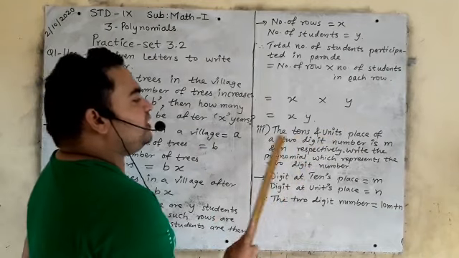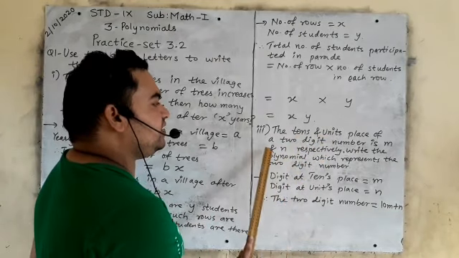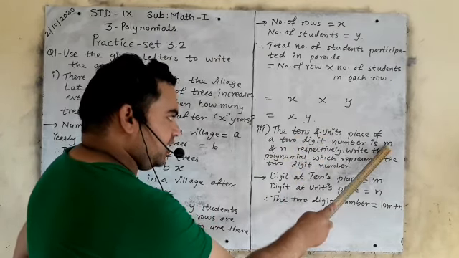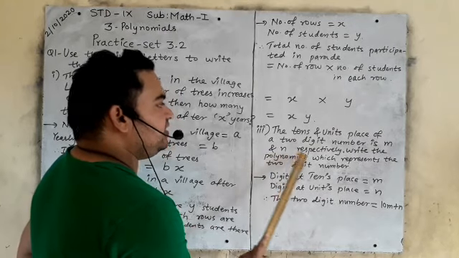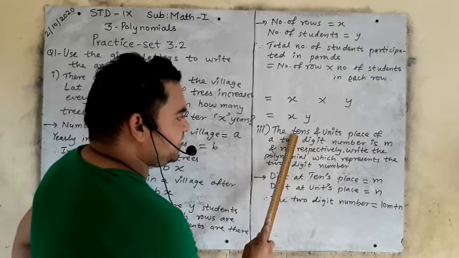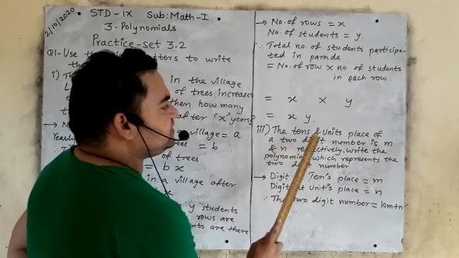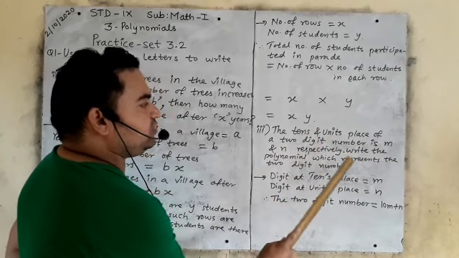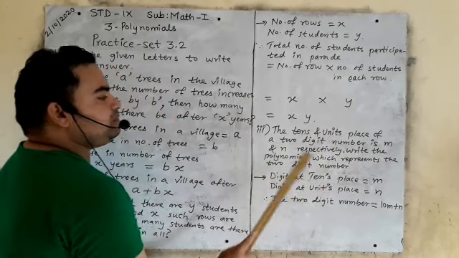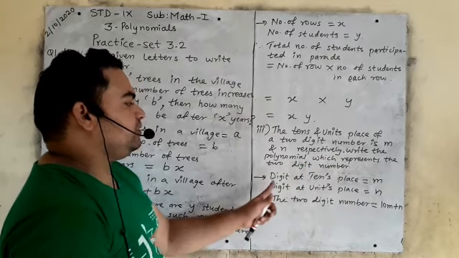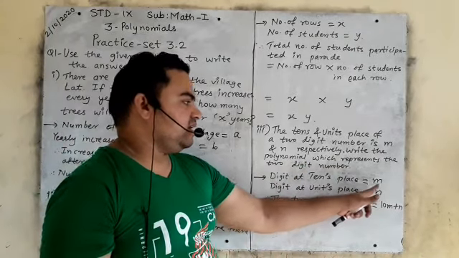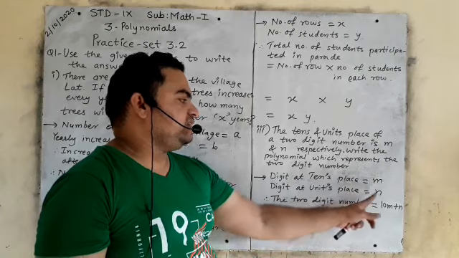The tens and unit place of a two-digit number is m and n respectively, means m represents tens and n represents units, because first word came tens. So m will represent tens and n will represent units. Write the polynomial which represents the two-digit number. So simple. Digit at tens place m, digit at unit place n.